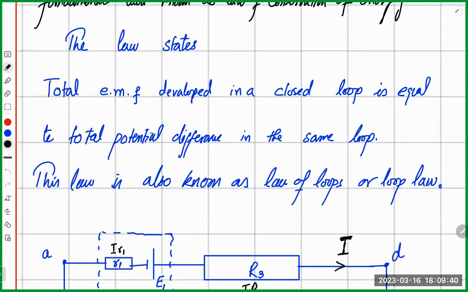By definition, EMF and potential difference are opposite concepts of the same physical quantity. What do I mean by that? EMF means how much energy has been converted from any other form of energy to electrical energy per unit charge, whereas potential difference is the amount of energy that has been converted from electrical energy to any other form of energy per unit charge.